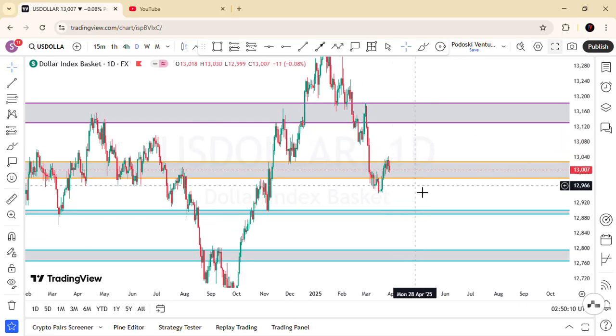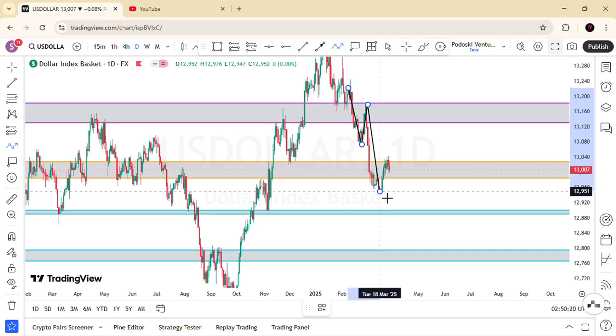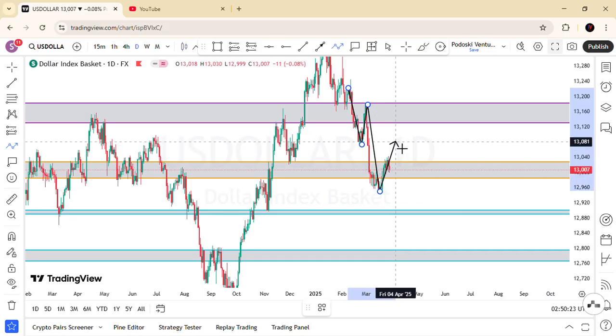But one thing we have to take note of on the daily time frame is, since price is forming a series of lower lows and lower highs, and according to the rule of retest, price will always retest the previous breakout zone, whether it's a supply or a demand zone. As long as price breaks out of there, it will retest.